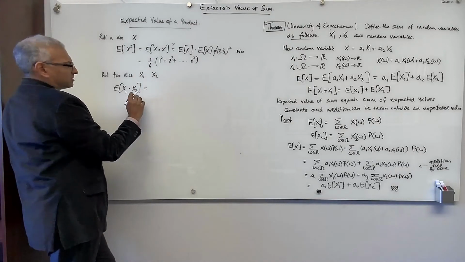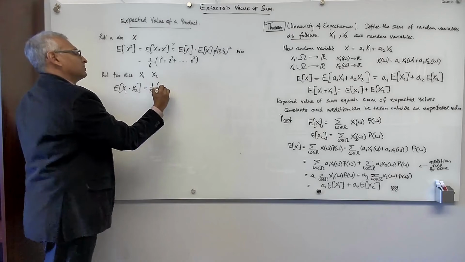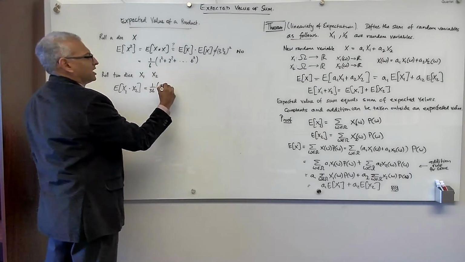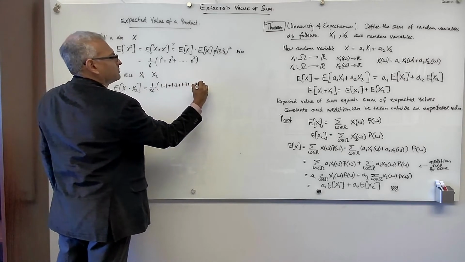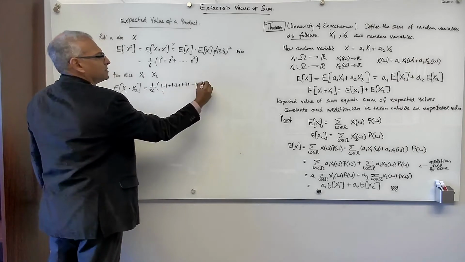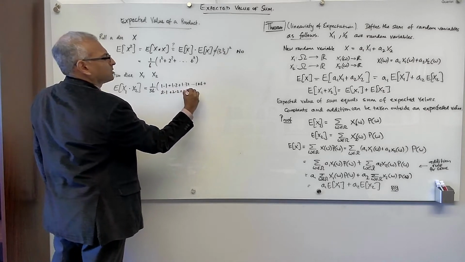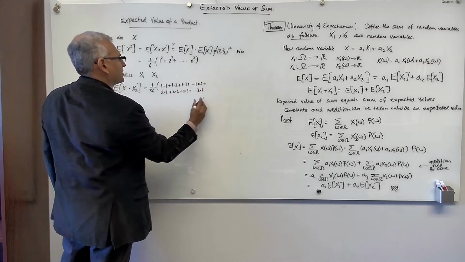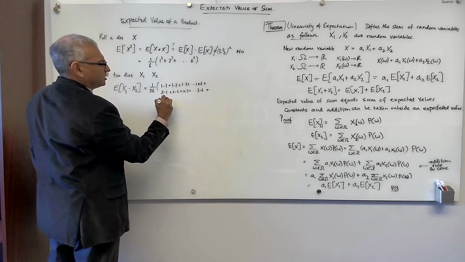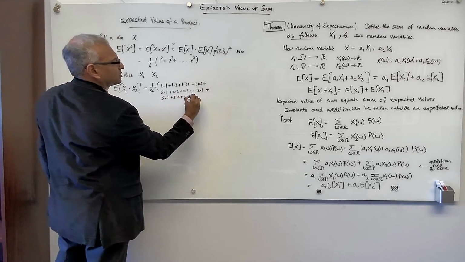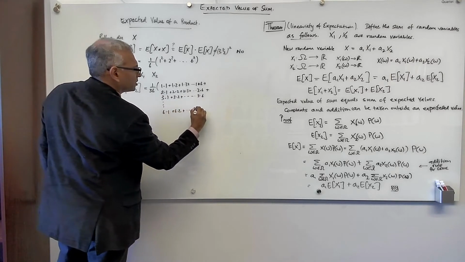From the definition of the expected value, it will be 1 over 36 times 1 times 1, plus 1 times 2, plus 1 times 3, plus up to 1 times 6, plus 2 times 1, plus 2 times 2, plus 2 times 3, plus up to 2 times 6, plus 3 times 1, plus 3 times 2, up to 3 times 6, and we keep going up to 6 times 1, plus 6 times 2, up to 6 times 6.